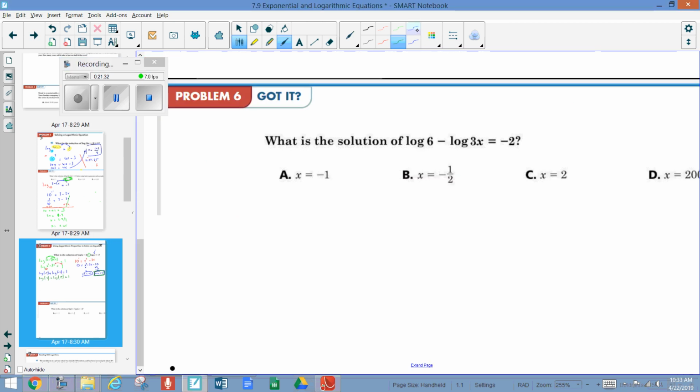Subtraction means division. This is expanded format, guys. Not for the previous class, it's expanded form. I'm going to put it into one single log, which is log base 10. Tell me.